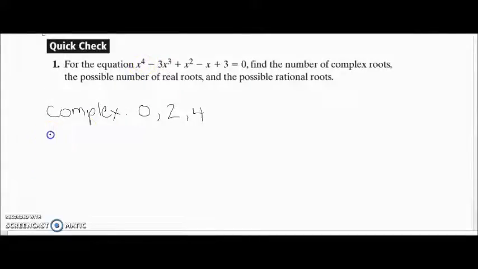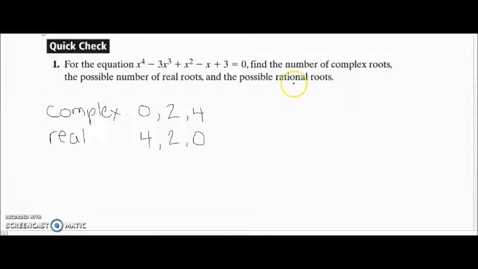The number of real roots is based on complex. So we can only ever have 4 roots total. So if there are 0 complex roots, that must mean there are 4 real roots. If there are 2 complex roots, there are 2 real roots. And if there are 4 complex roots, there are 0 real roots.